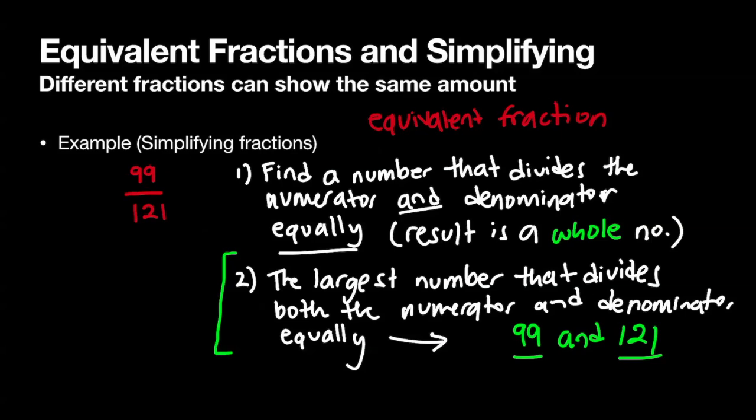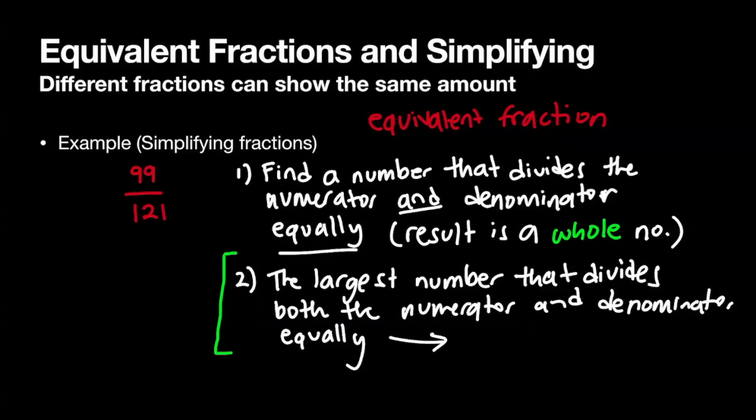We've already learned it in the past few classes. What do we call the largest number that divides two other numbers equally? No. I don't want to know the number right now.